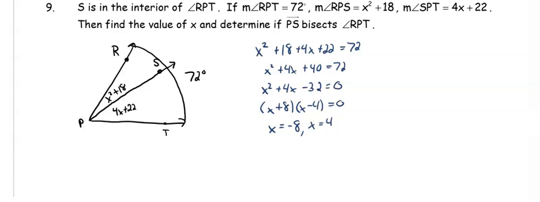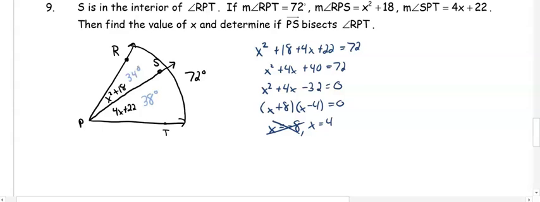Now, when I substitute negative 8 in, 4 times negative 8 plus 22 is negative, so we're going to cross that out. So just x is 4. We're going to put that into our angles. So 4 times 4 plus 22 gets us 38 degrees. 4 squared is 16 plus 18 gets us 34 degrees.